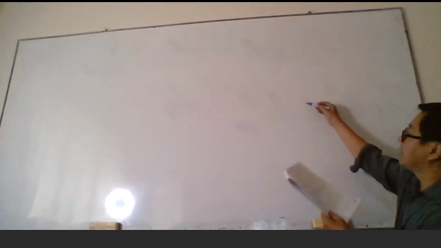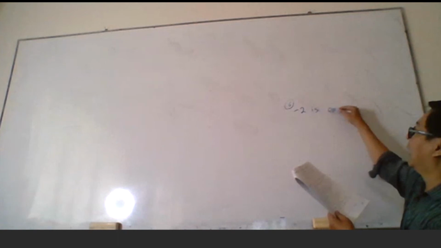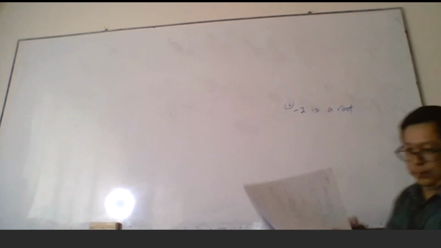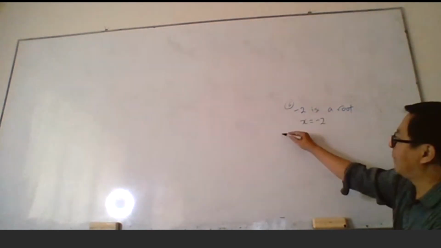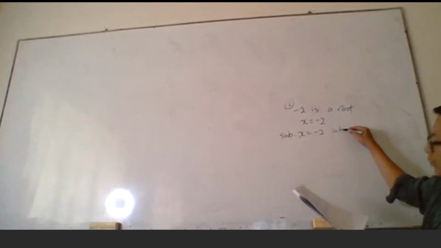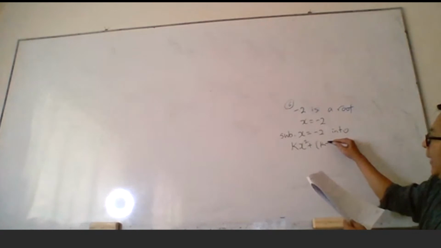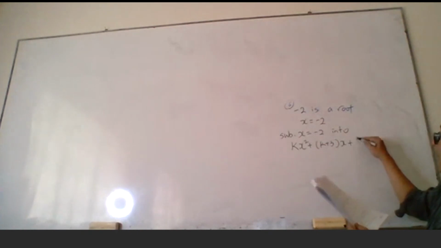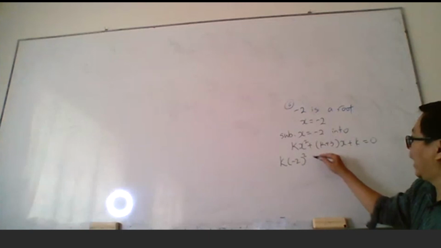Okay, for number 6, we say that negative 2 is a root. Root means your value x equals negative 2. So I substitute x equal to negative 2 into kx squared plus (k plus 3)x plus k, and k minus 2 squared.